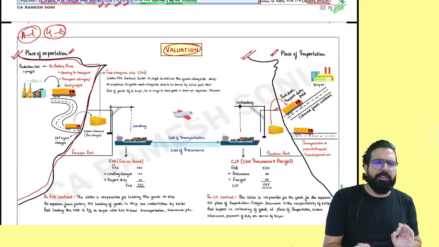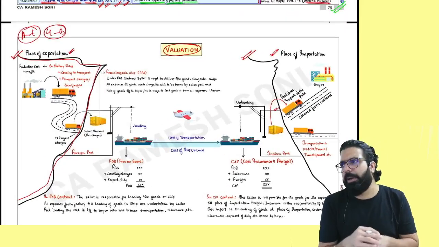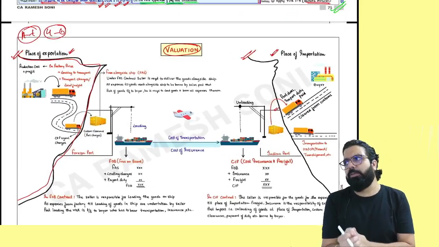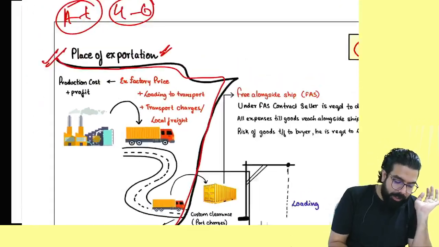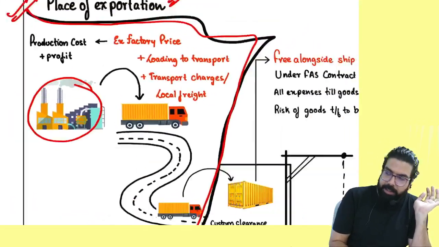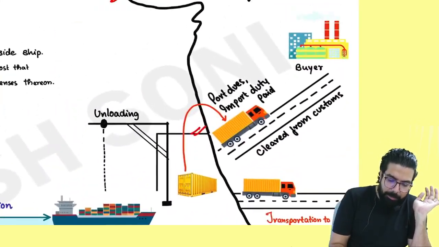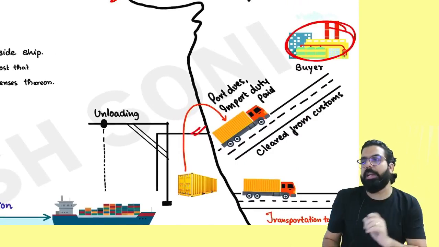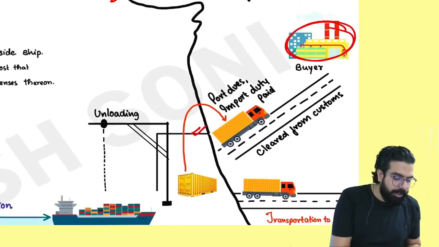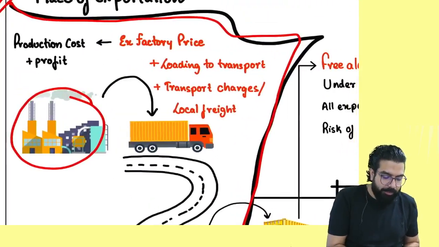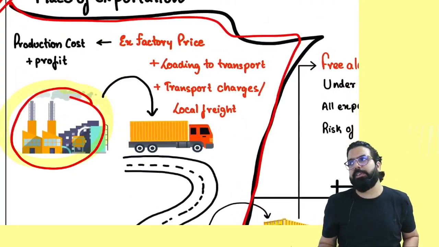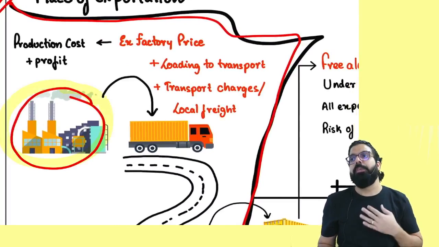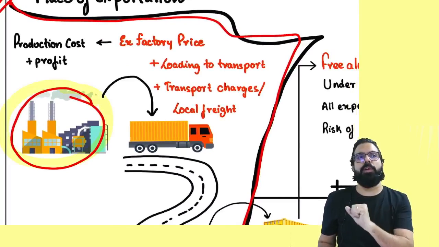Now, there are some terms which you really have to remember when learning this valuation chapter. Number one, this person is sending me the goods. He is the seller. I am the buyer over here. In international contracts, there are some very important terms. Whenever a person from outside India is sending you goods, you can tell him, I want only a few quantities of the goods.